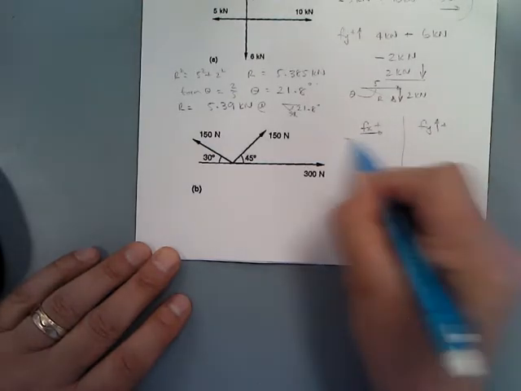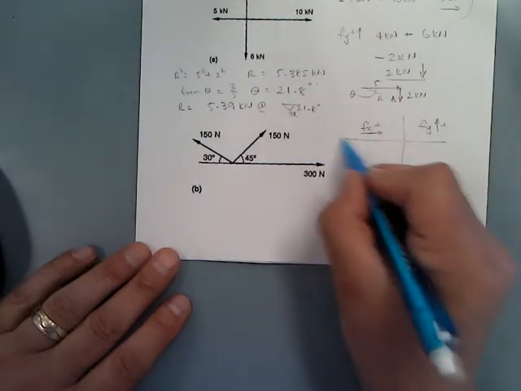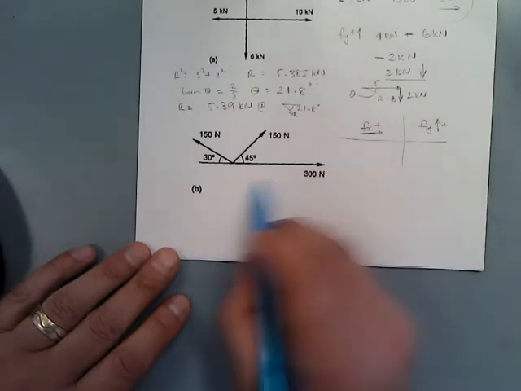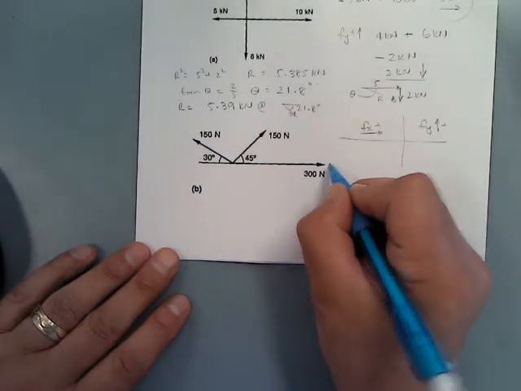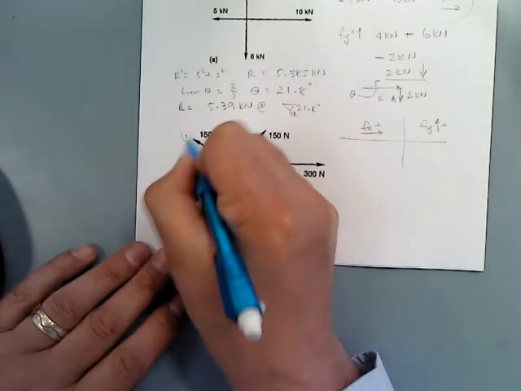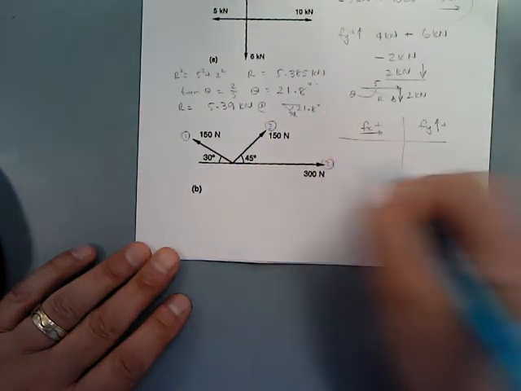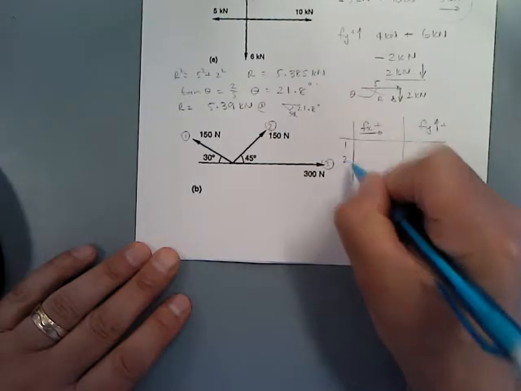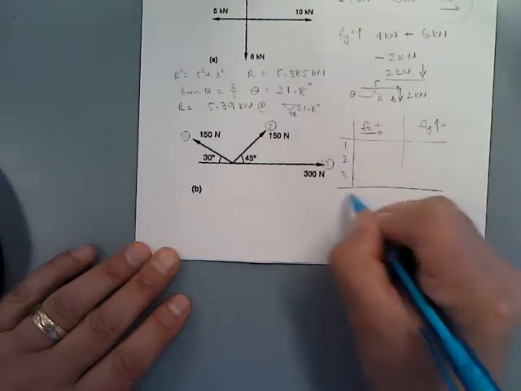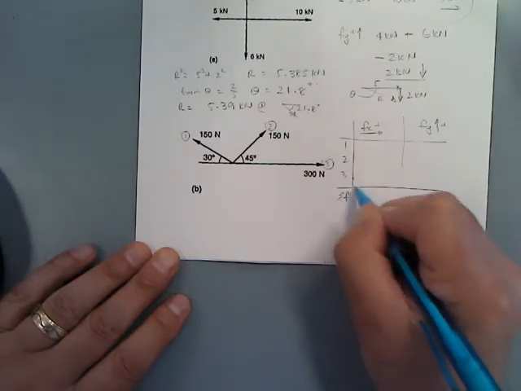So my table of forces will incorporate 3 forces: force 1, force 2, and force 3, and my sum of the forces down the bottom.